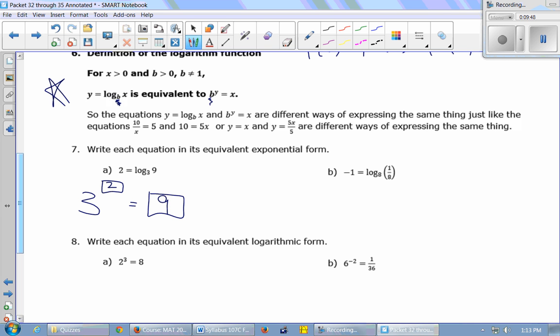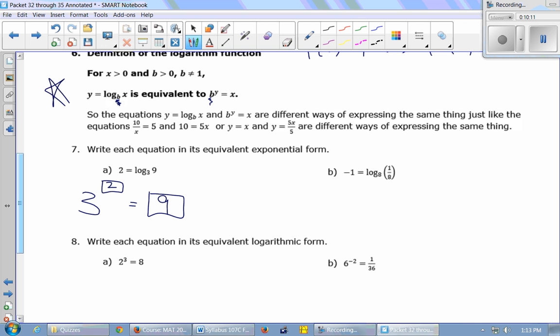So the base on the logarithm is the base in your exponential. And then you just look at the other two numbers and they change places, because the log function is the inverse of an exponential, so the input of 9 and the output of 2 change places when you write it in exponential form.